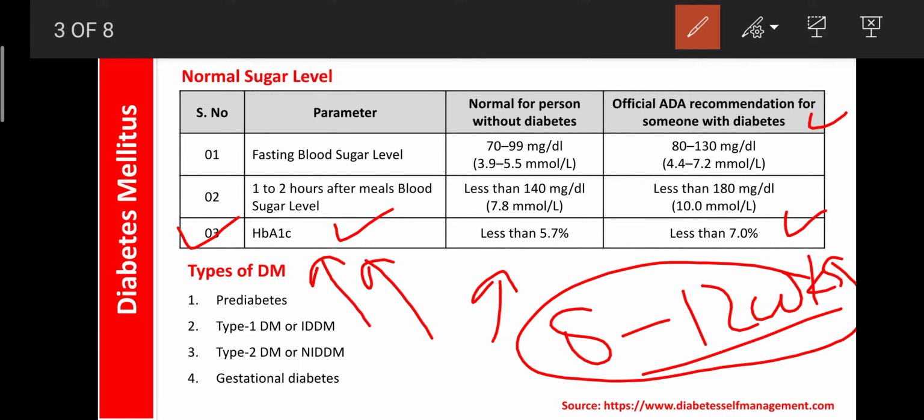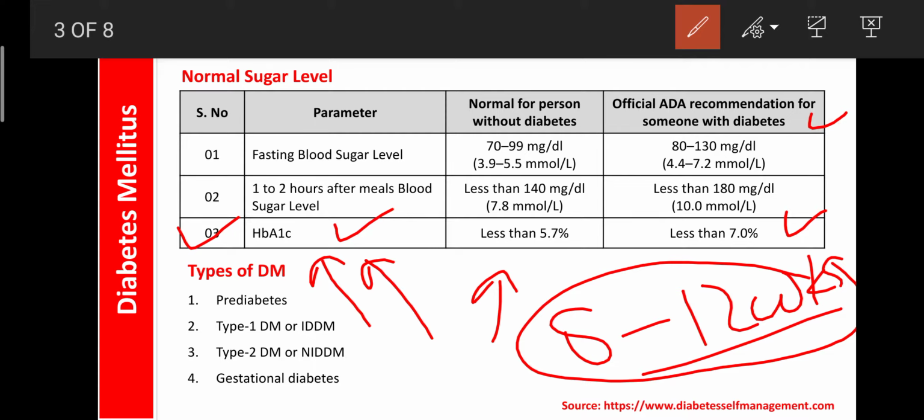So you should always monitor the HbA1c level in the diabetic patient every 3 months. If it is normal, that candidate is only suffering from diabetes, not from nephrotoxicity, kidney failure, atherosclerosis or hypertension. So I request you, if any family member is suffering from diabetes mellitus, monitor HbA1c every 3 months.